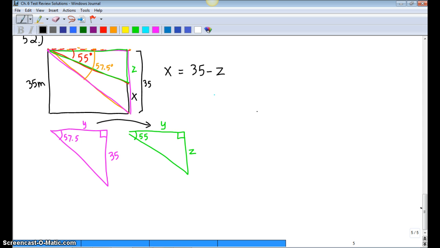So our 57.5 angle, 35 is opposite, y is adjacent, so tangent of 57.5 is 35 over y.